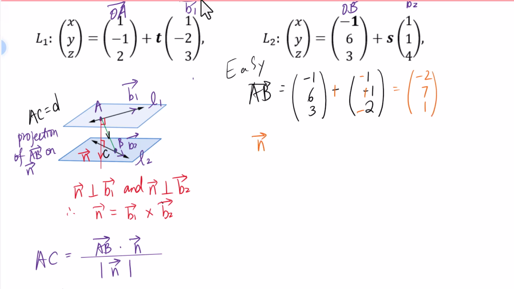Figure out this normal vector, which equals vector b1 cross vector b2, equals 1, negative 2, 3 cross 1, 1, 4.